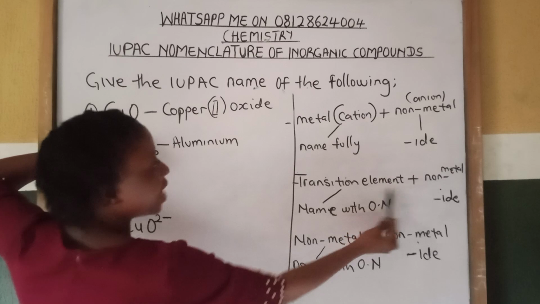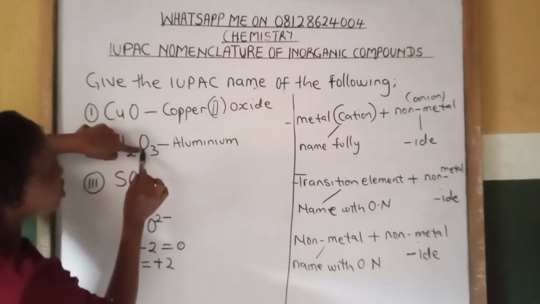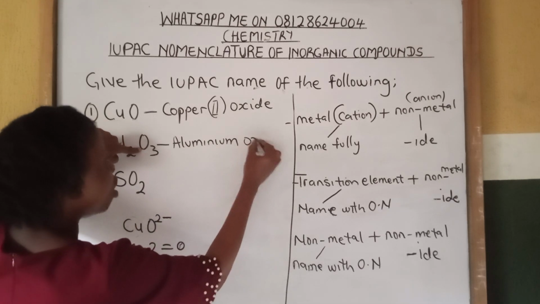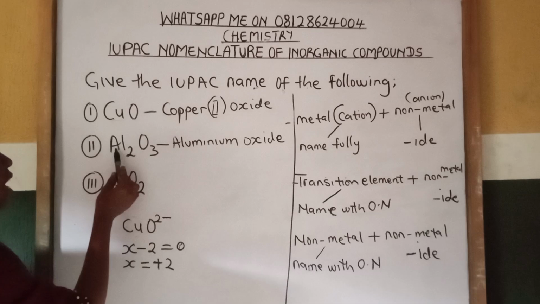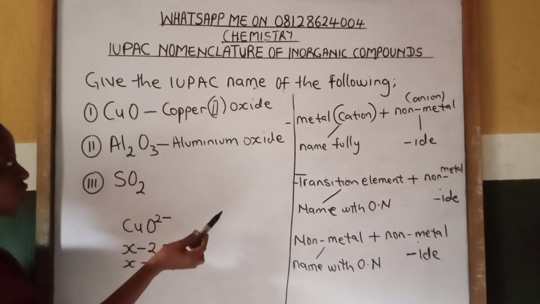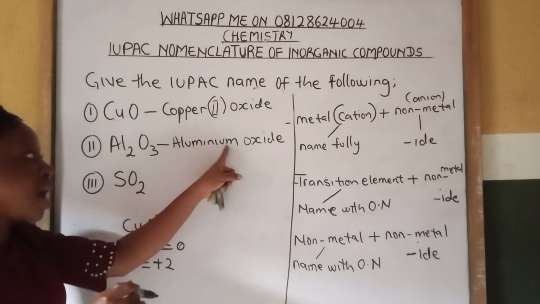Then the second element, which is a non-metal, will end with "ide". Oxygen will change to oxide. So we call it aluminium oxide. Aluminium is not a transition element, so we don't need to name it with the oxidation number of aluminium.